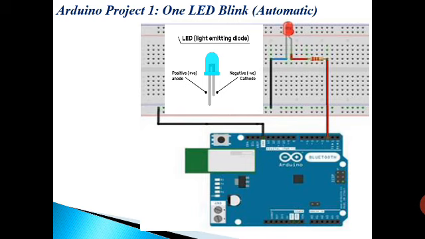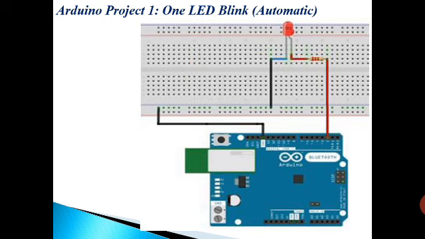So overall we are going to control the positive of the LED with the help of one pin of the Arduino. So it's not like both the pins of the LED will be connected with 2 different pins of the Arduino board. We just have to select any one pin of the Arduino board for the control of this LED.